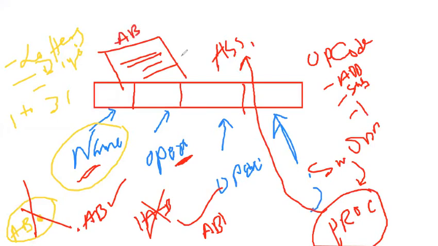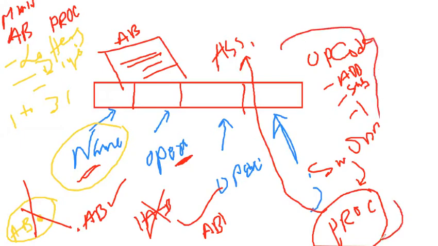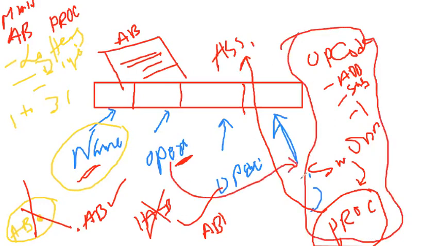So we can write AB PROC. Does it make sense? Last day you saw MAIN PROC, that means main is the name of the procedure. That one you are considering as a pseudo opcode, and these are the opcodes. So all these you are considering for this operation field. Does it make sense?